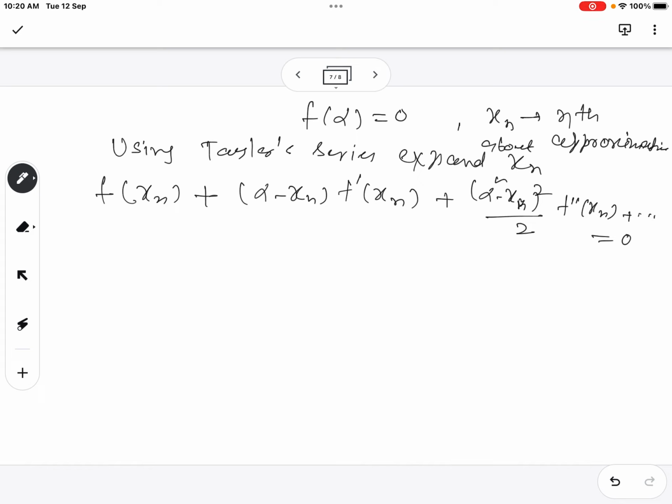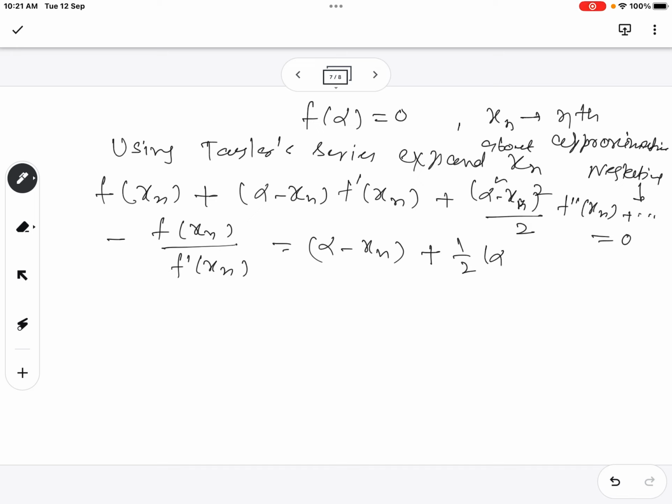Now neglecting higher order values, we get f at xn divided by the derivative of f at xn is equal to alpha minus xn plus 1 by 2 alpha minus xn square f double prime xn divided by f prime at xn.